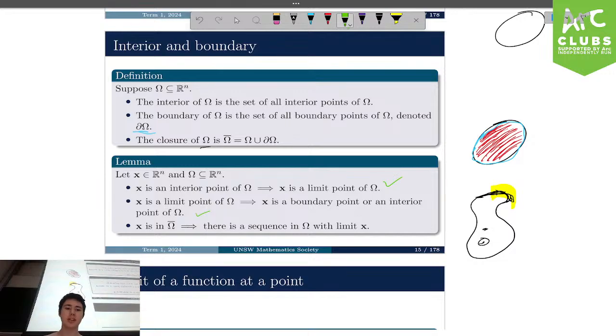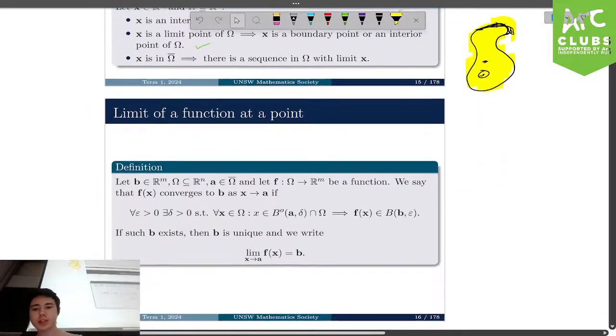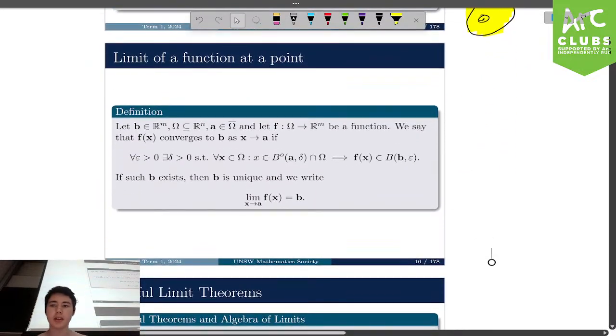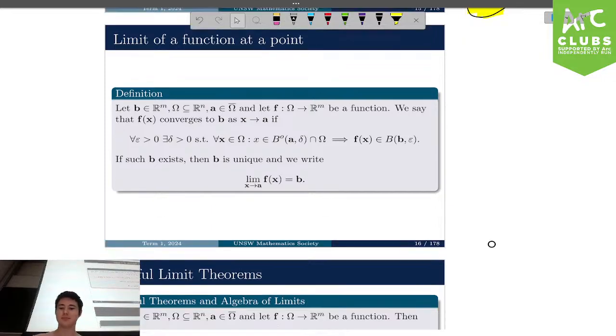So if we are inside this shape, we're going to be a limit point. It's kind of the backwards of our previous thinking. Fantastic.